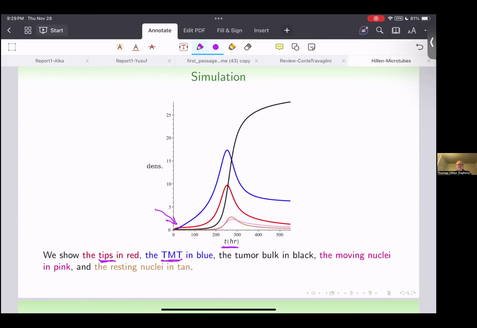So the first thing that happens is the build-up of tips and microtubes, and then this is followed later by the bulk, which is black, and then also by the nuclei, which are these colors tan and violet, which then build up the bulk. So this is clearly microtube dominated, right? The microtubes set the stage, and then everything else follows.